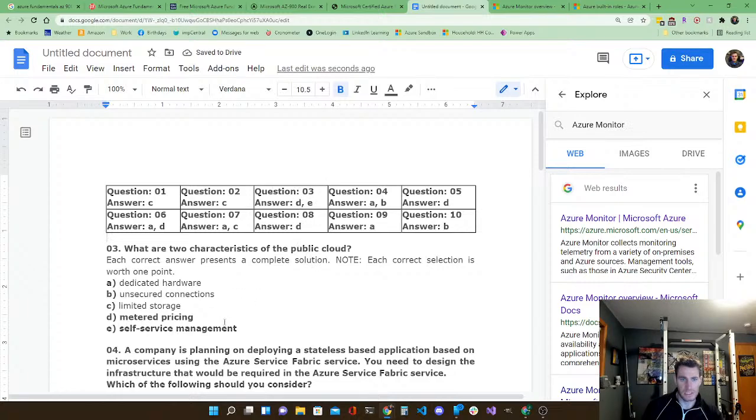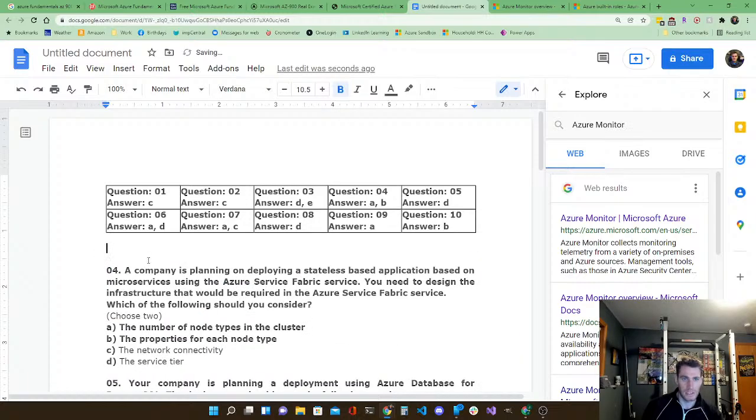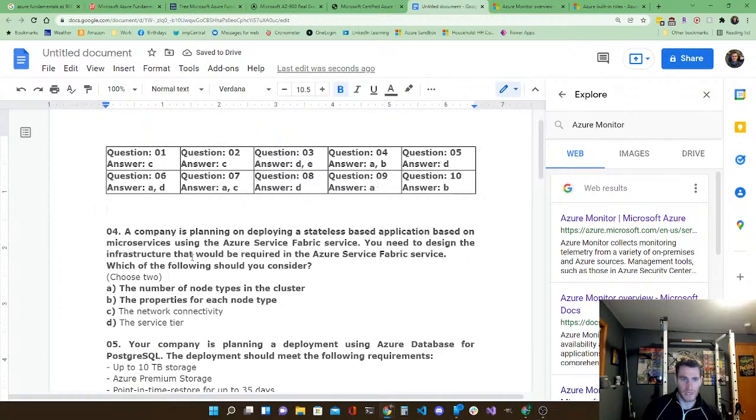Question 3, D and E. That one was pretty straightforward, made a lot of sense. Question 4, A and B. Okay, cool. This one we had some trepidation. But I guess it's really talking about Azure Service Fabric. And so then we have to worry about the number of node types and the properties of each node type.